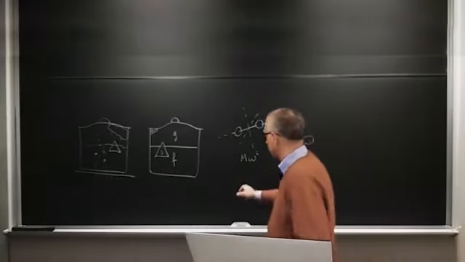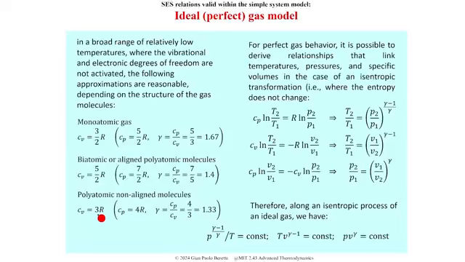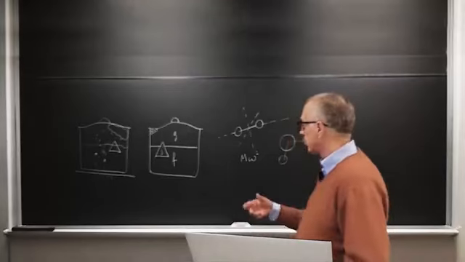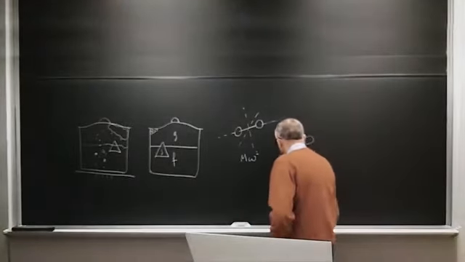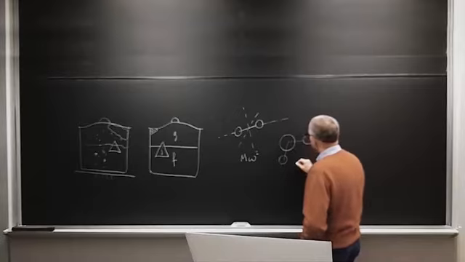All three have a non-negligible moment of inertia. And therefore, you add another 3. 3 plus 3 halves makes 6 halves. That's 3R. That's gamma equals 1.33. For example, the products of combustion, also H2O, is similar.